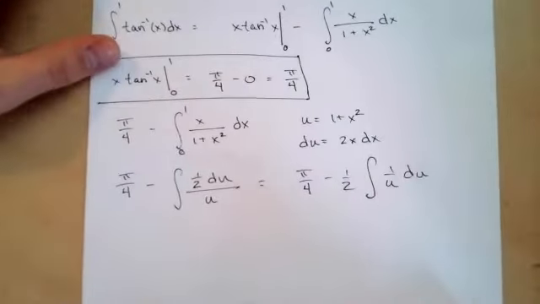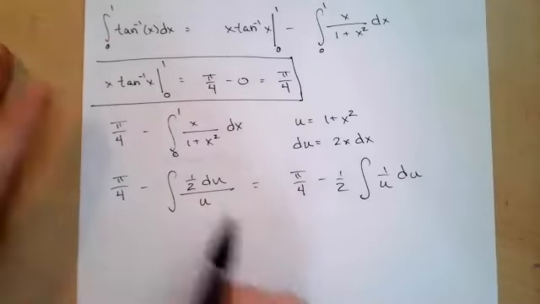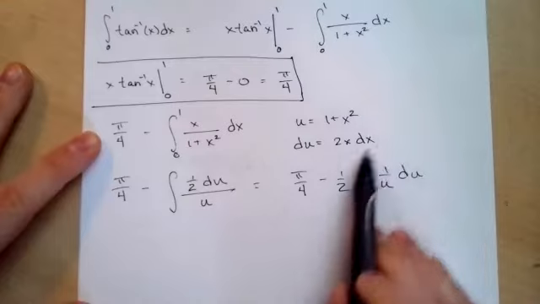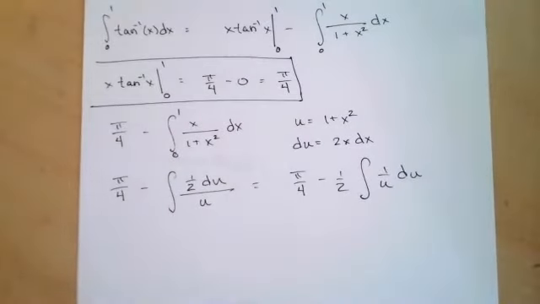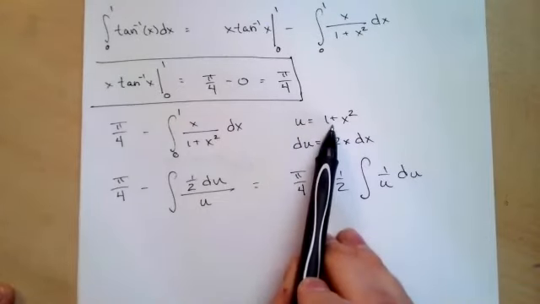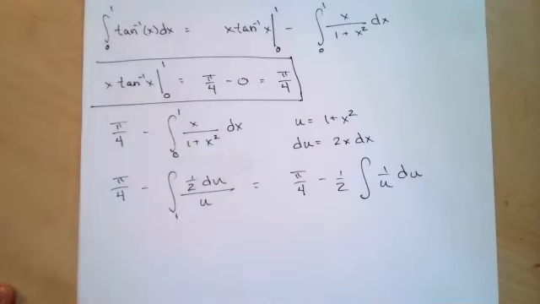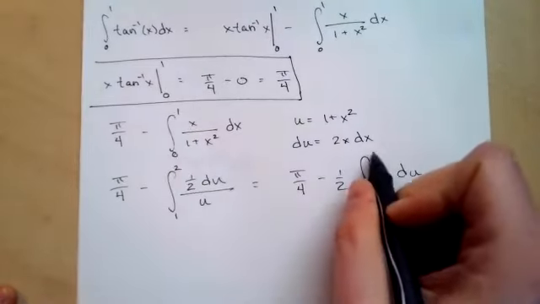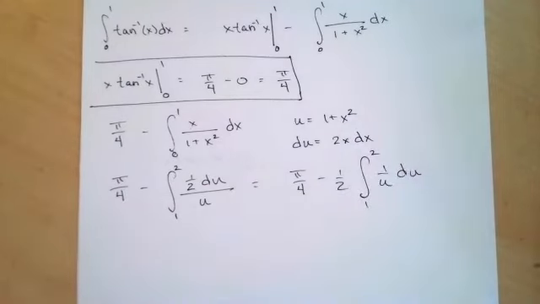And again, I'm not sure how you learned u subs. There's a couple different ways to do it. We could change the bounds in terms of u if we'd like to. We could integrate in terms of u and then back substitute. I like to change the bounds. So if we have 0 in for x, the bottom limit becomes 1. If I plug in 1 for x, the top limit becomes 2. So it's easy enough just to change those bounds.